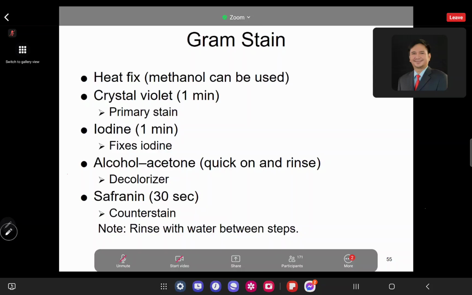Then add a mordant. What is the function of the mordant? It will allow the penetration of the crystal violet and fix it inside the cell. So that is your primary stain and mordant complex.